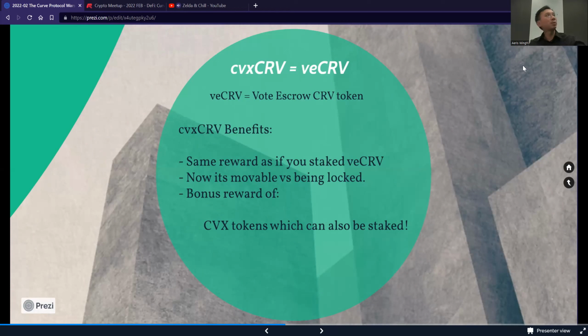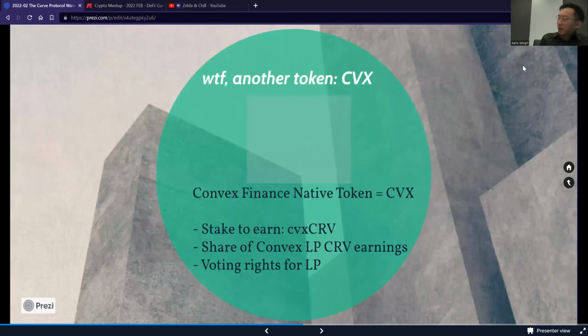Because it's movable, they also have a bonus reward of CVX tokens. Okay, there's another token. The rabbit hole is insane. Obviously, you're not expected to get all of this tonight, but it's to lead you into doing a little more research yourself. Yeah, you still get your rewards.